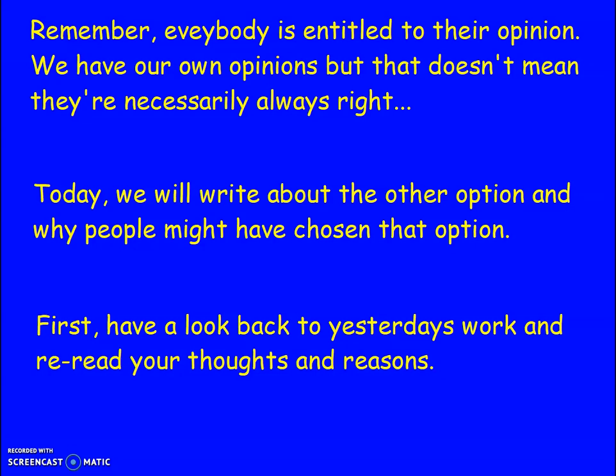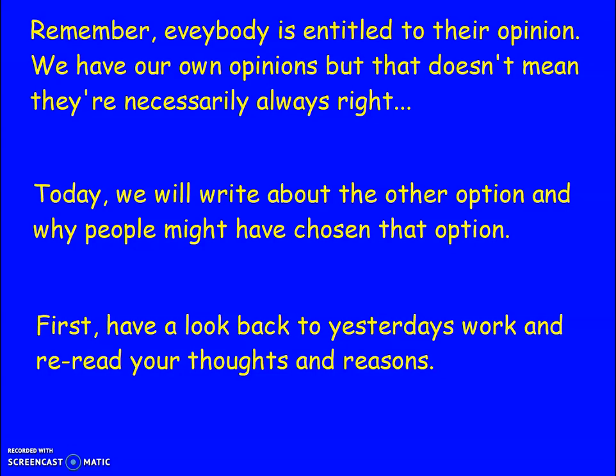Today we're going to write about the other option, the opposite option than we have chosen to write our campaign about. So have a look at yesterday's work, reread what you have decided to do, think about your thoughts and reasons for choosing the option that you have chosen for your campaign. Then think about other people and what they might have chosen.